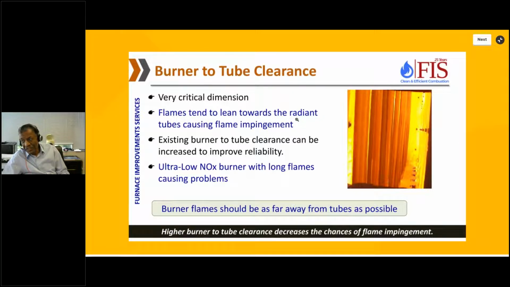And as I said in the beginning, it's such a high temperature furnace that once it starts running, you cannot see any flame because the bridge wall temperature or the firebox temperature is more than 2000 degrees F. So it's virtually impossible to see the flame. You can only see it during startup or when it is running cold.